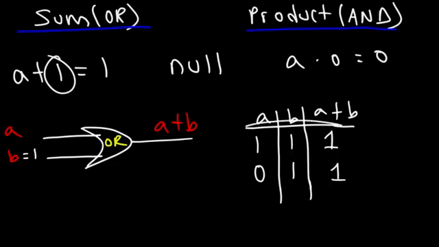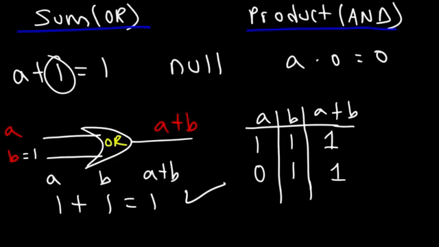But this is the one that we're working with. So 1 plus 1 does equal 1 when dealing with logic gates. This means that if A is on and B is on, then the output, A plus B, will be on as well. And that's the way you have to think about it when dealing with these types of Boolean algebra expressions.